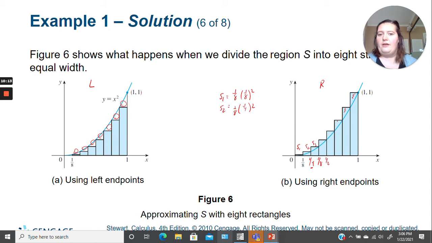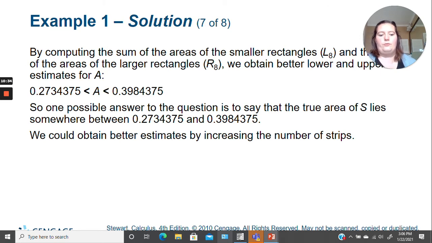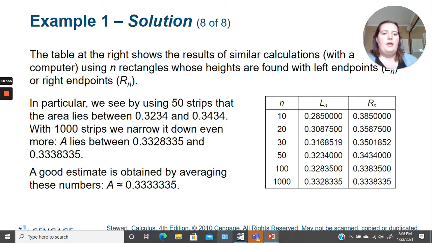Over here for the left, the width is still 1/8, but now we're looking at the x value that's on the left-hand side of the interval. So for my first interval, the value on the left is 0. For my second interval, the value on the left is 1/8. And you would find out all 8 of those and then add them up, so that you don't have to do it, here are a lot of different values.